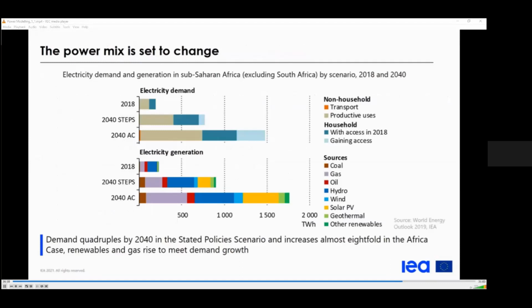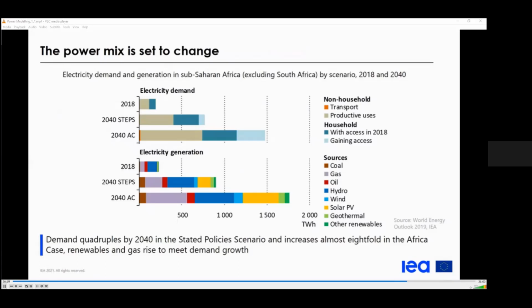A quick illustration of the result of the generation module for a very specific case that we took from our World Energy Outlook 2019, especially the focus on Africa.